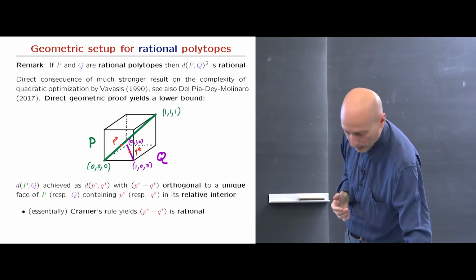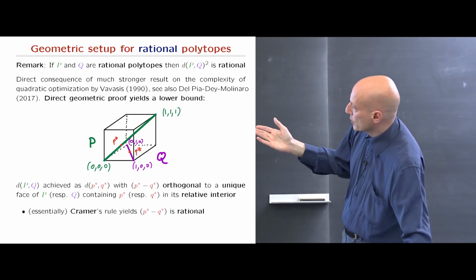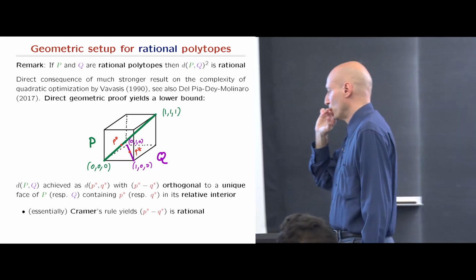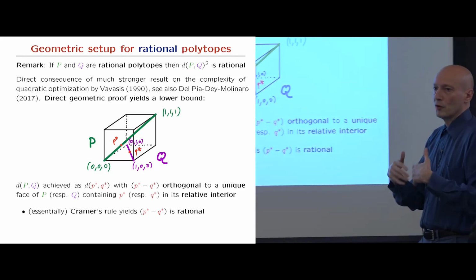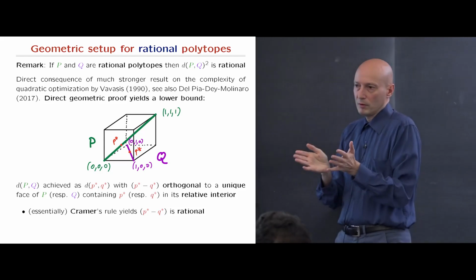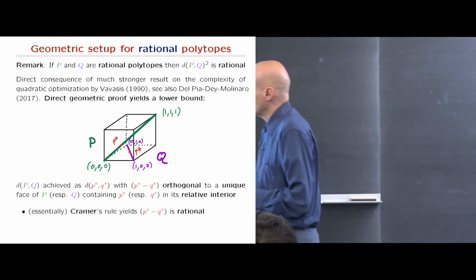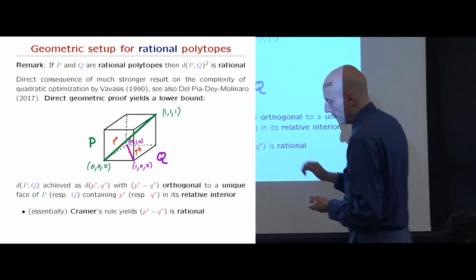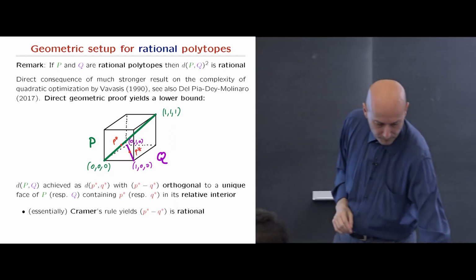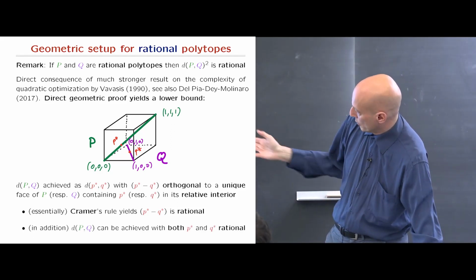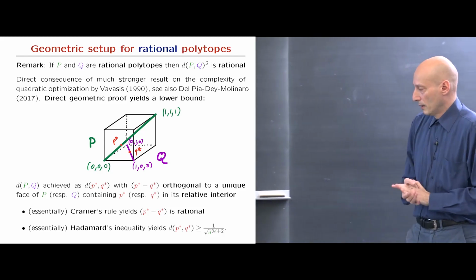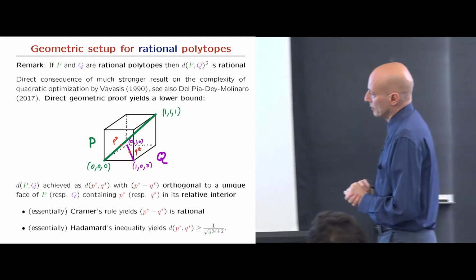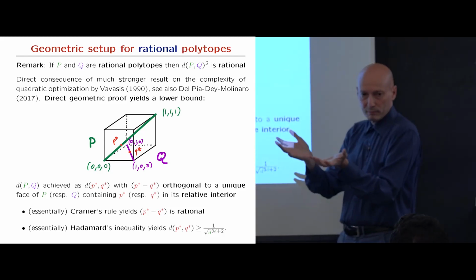Okay. So I will show it's rational, so it's very close to what you expect. There's some gradient equal to 0, and the coefficients are rational. Therefore, you use Cramer's rule to get rationality. And then, I'm not going to give detail, but we will show that you have a matrix.